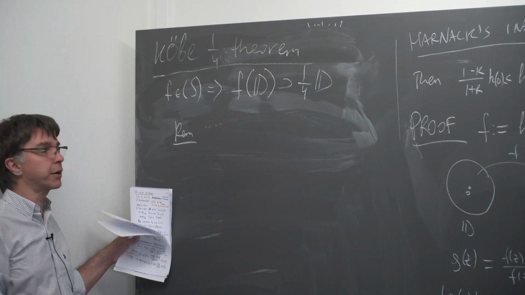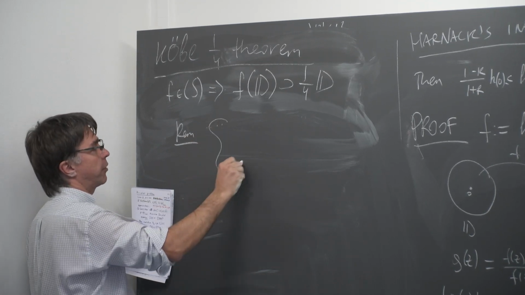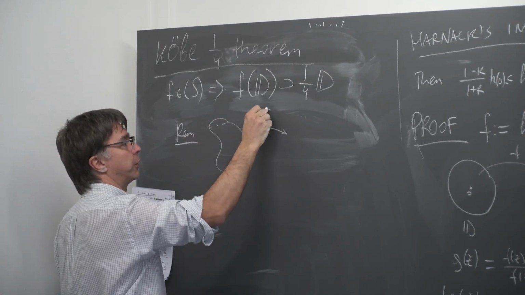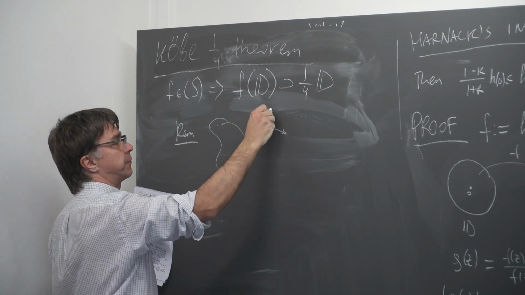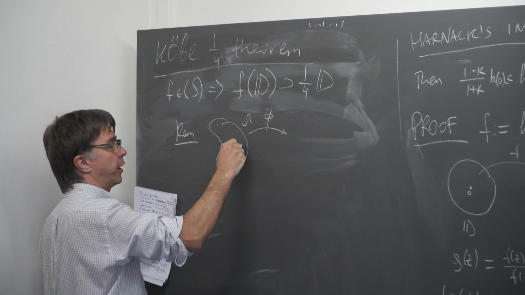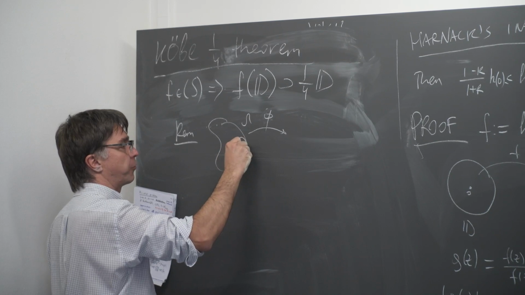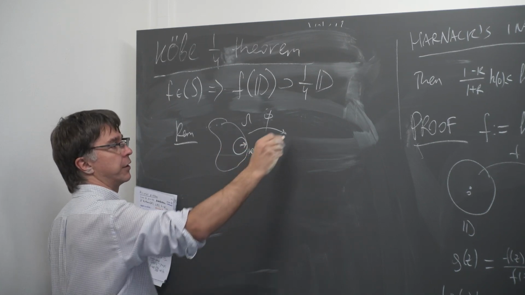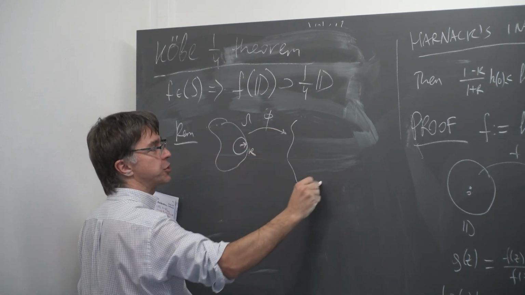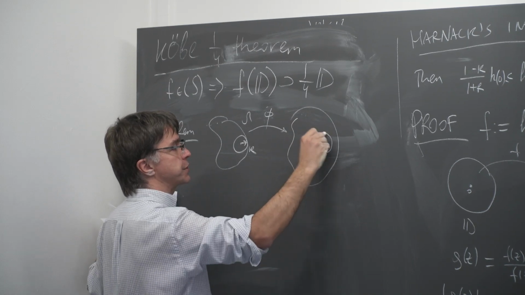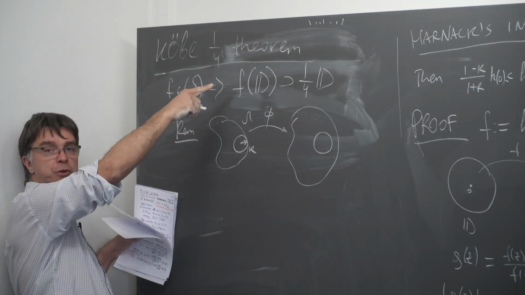So the immediate remark is that if you have f, which is conformal, or rather let's say phi, in the domain omega, and then there is a disk of radius r here, then the image should contain which disk? So we need to reduce to the first case.